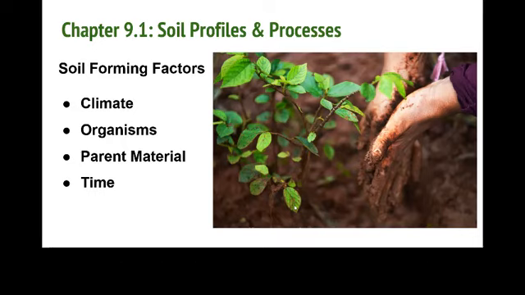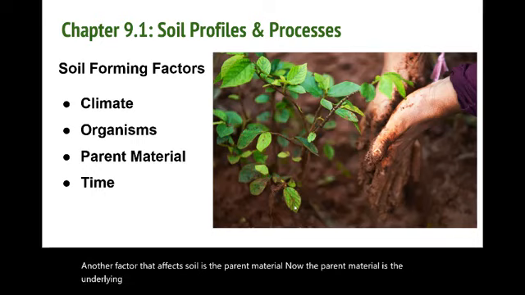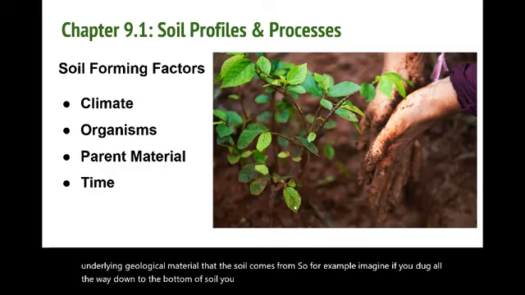Another factor that affects soil is the parent material. Now, the parent material is the underlying geological material that the soil comes from. For example, imagine if you dug all the way down to the bottom of soil, you might eventually hit rock.